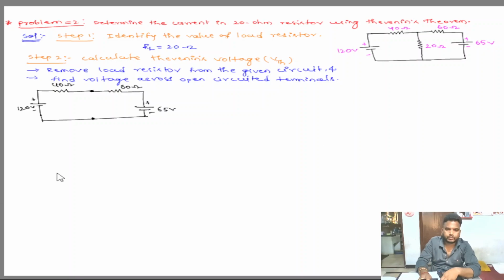First, find the total current in this network. This is a simple circuit. Find the total current I by applying KVL.